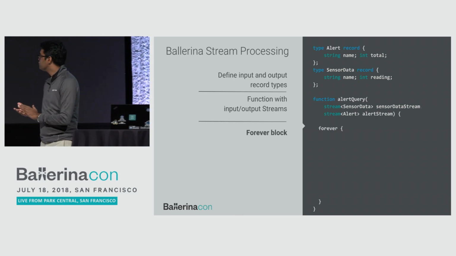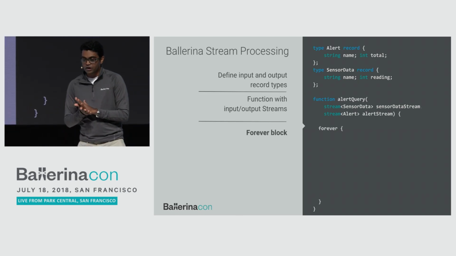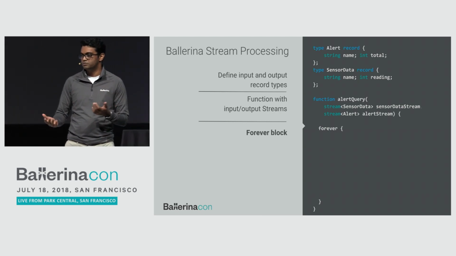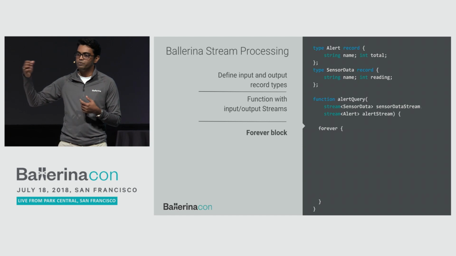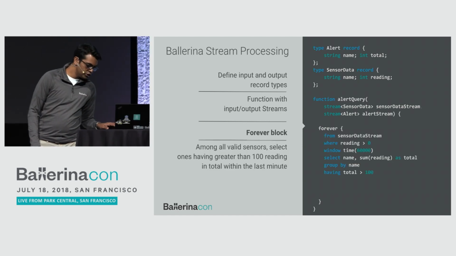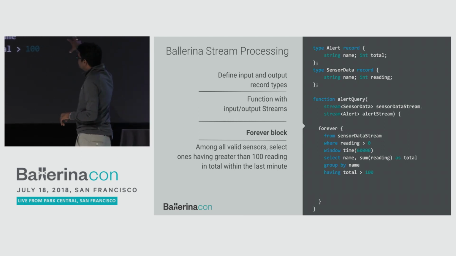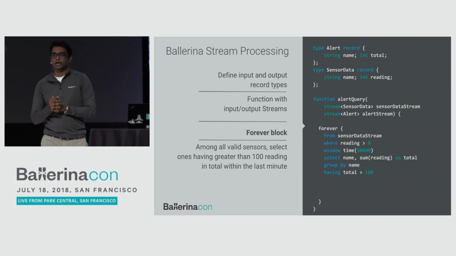Now we are creating a forever block that will run forever. This is not something that we just run once. We have to always monitor the data, and we have to continuously run that. And this is the part of SQL that we are going to write to capture that.